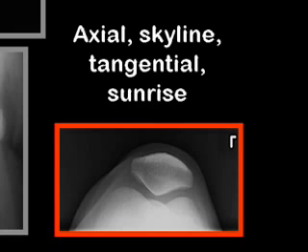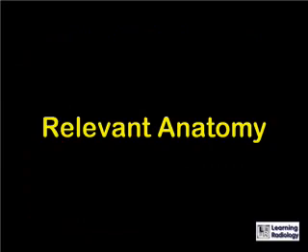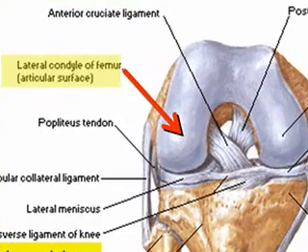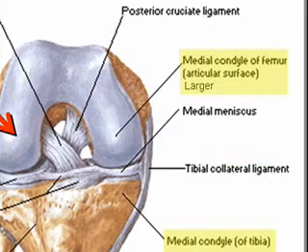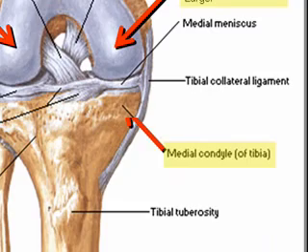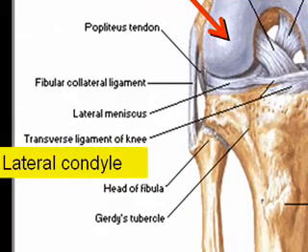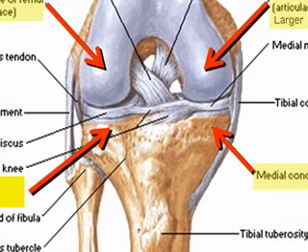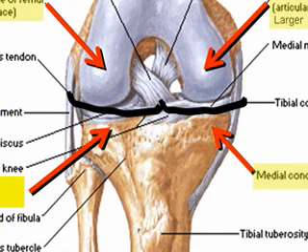The major components of the knee joint include the lateral femoral condyle, the medial femoral condyle, the medial tibial condyle, and the lateral condyle of the tibia. The flat surface formed by the medial and lateral tibial condyles is the tibial plateau, which has a lateral and a medial component.